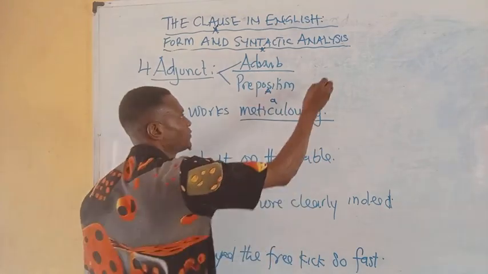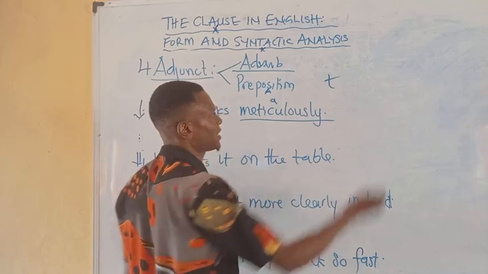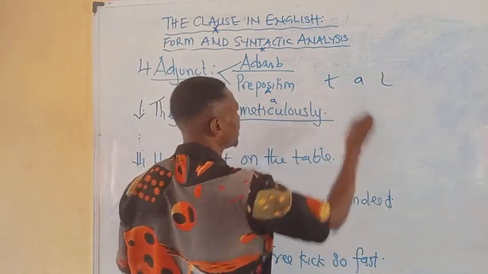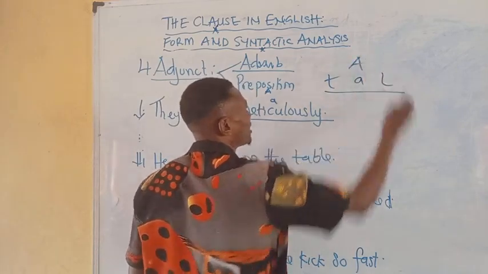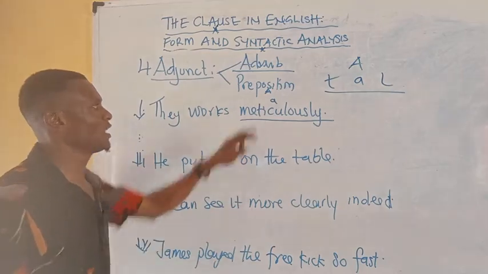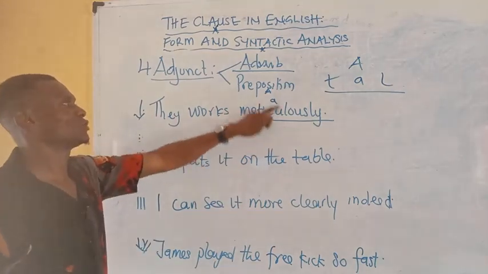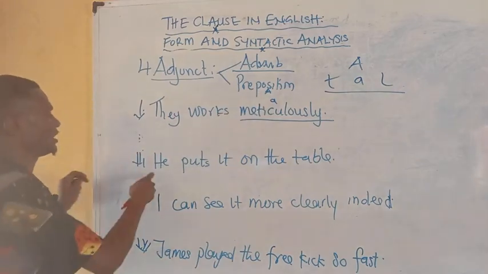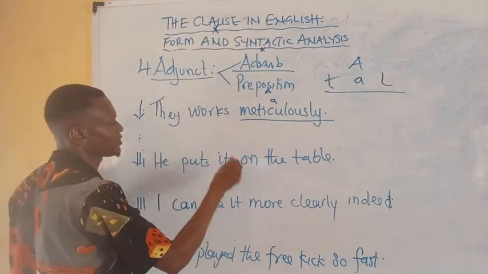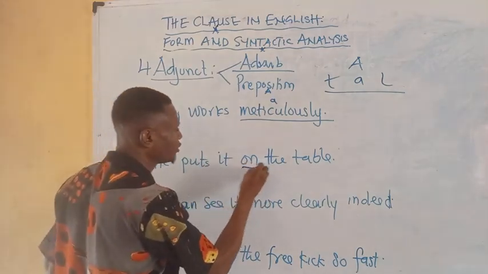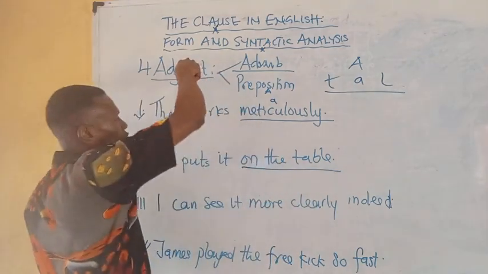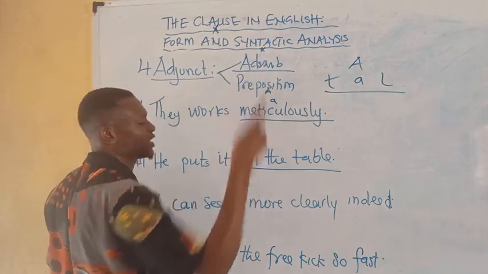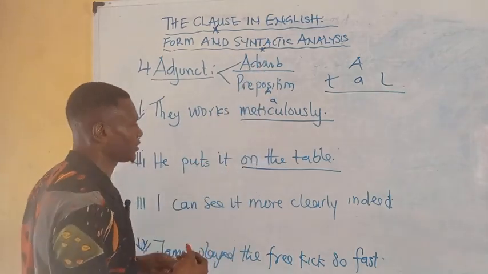Don't forget we have temporal, apex, and limiter. These are the elements of adjunct. So here we only have meticulously. So the adjunct here is apex. Number 2, he puts it on the table. On the table here is an adjunct. What type of adjunct is this? It is a prepositional-headed adverbial group.